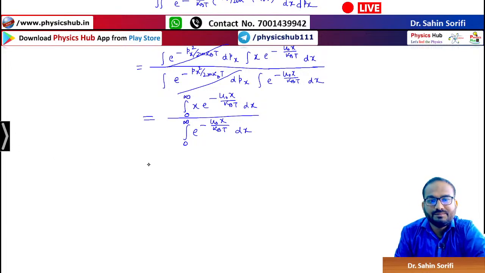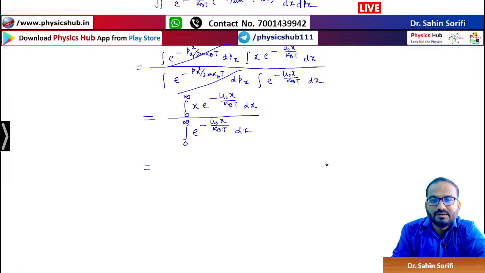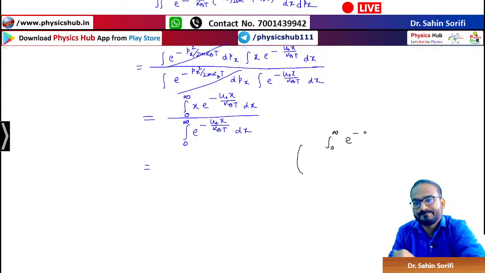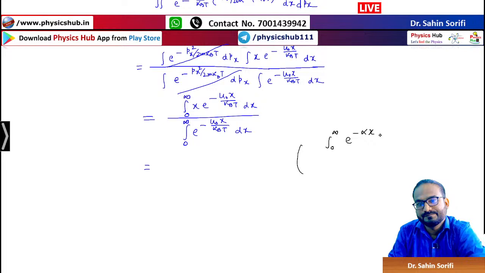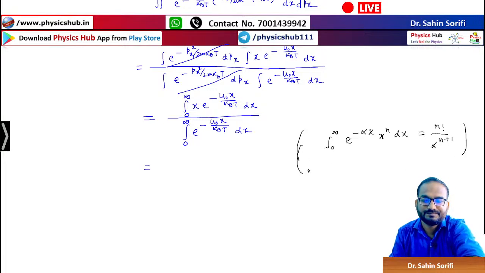Now you know the formula. Integral from zero to infinity of e to the power minus alpha x times x to the power n dx is equal to n factorial by alpha to the power n plus 1. Do you know this formula?